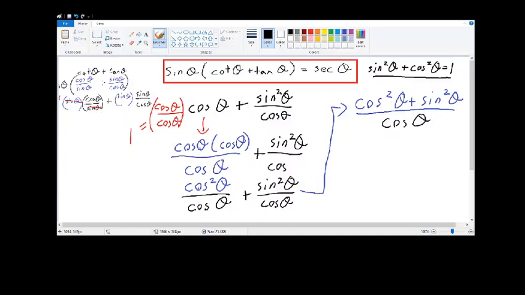So this numerator up top, we could just set as 1 over our cosine theta. And what does 1 over cosine theta equal? Well, it's the inverse of cosine, and another term for the inverse of cosine is secant.